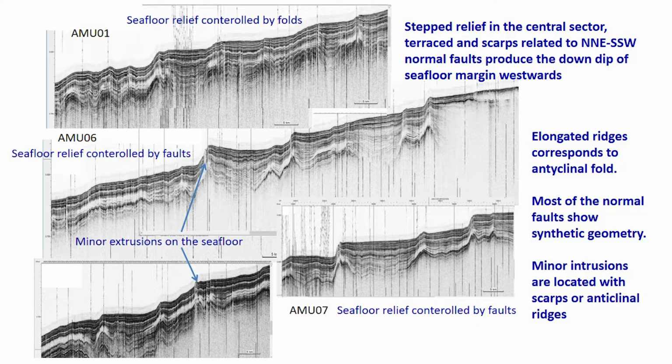And also you can see flexural deformation. Flexural deformation in this case results in several faults. We have here anticlines, several anticlines in the subsurface, but also in the seafloor. These structures produce the downdip of the seafloor surface until the abyssal plain.